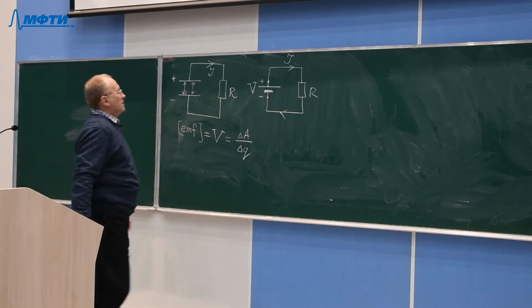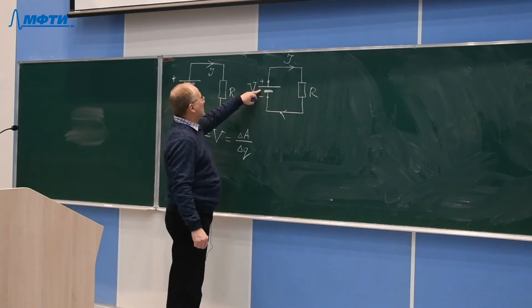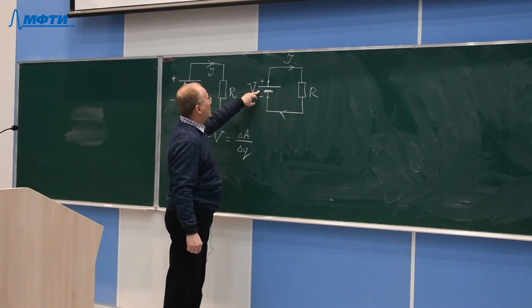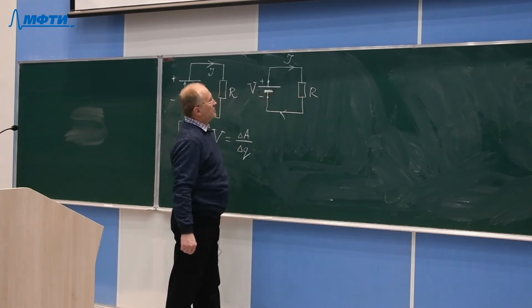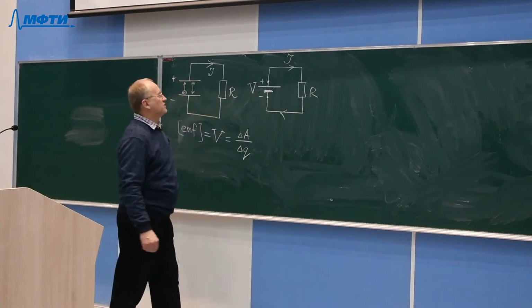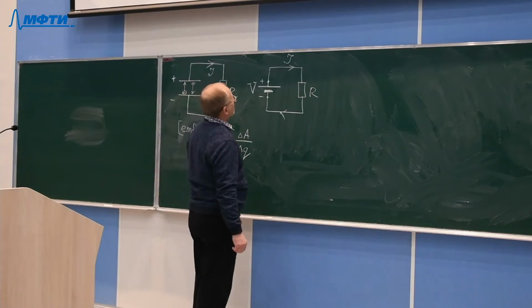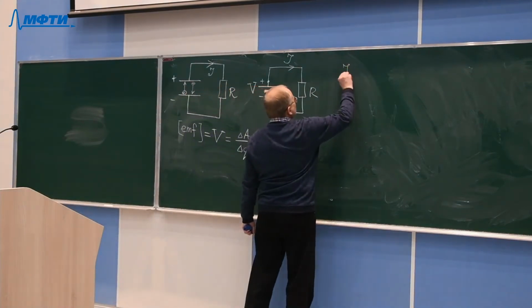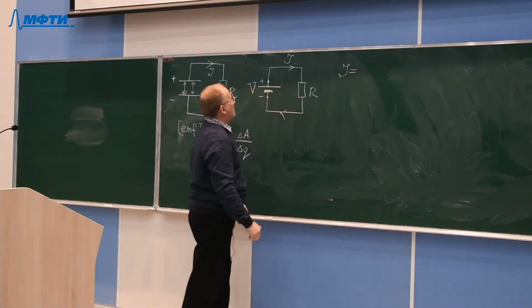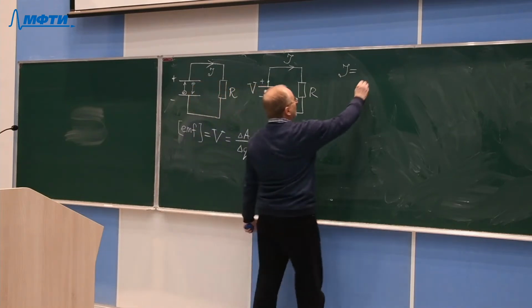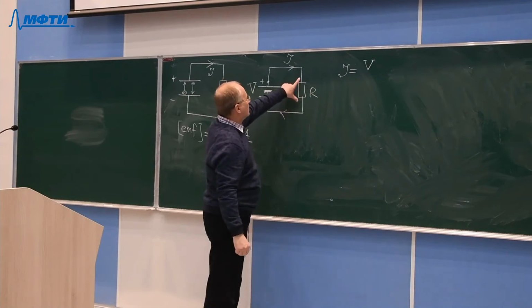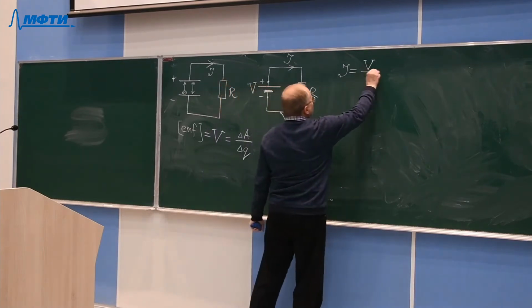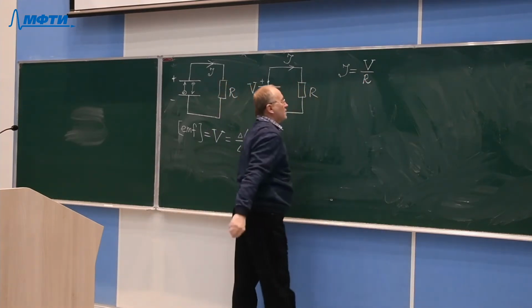If we use the same battery with the same voltage, but different resistors here, then it was experimentally established that the current, the force of electric current, will be directly proportional to the voltage applied to the resistor and inversely proportional to the resistance.